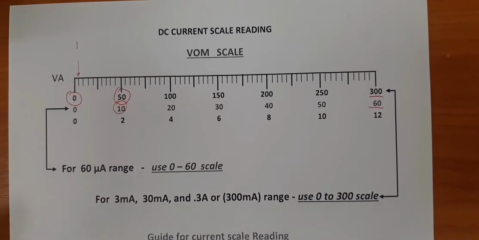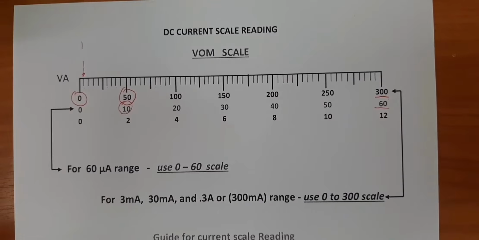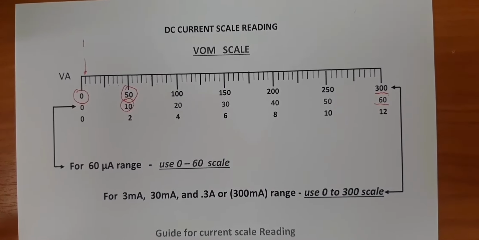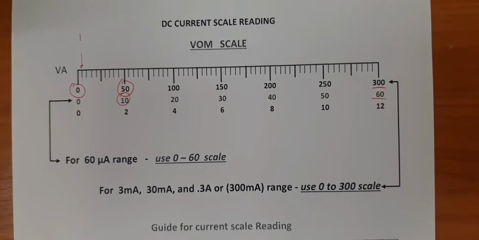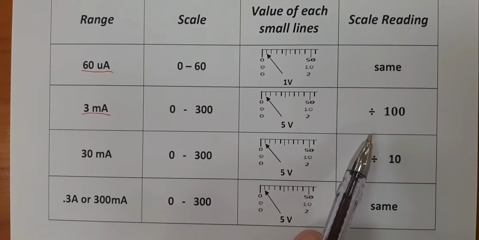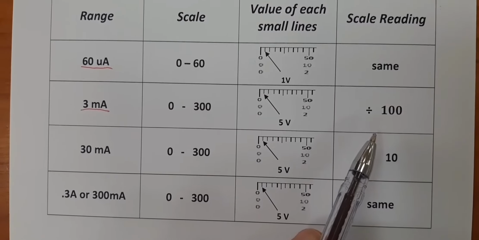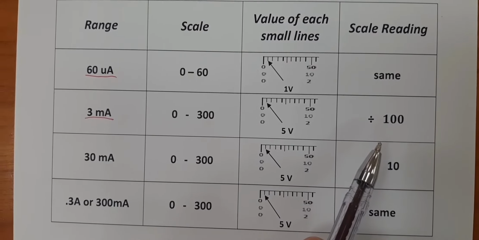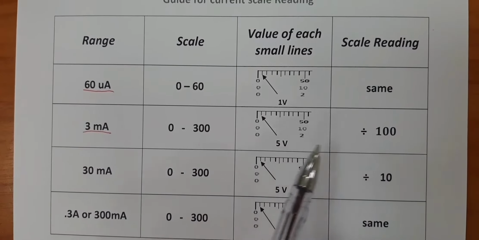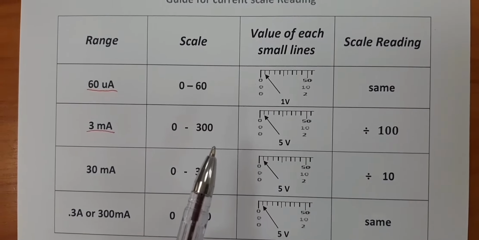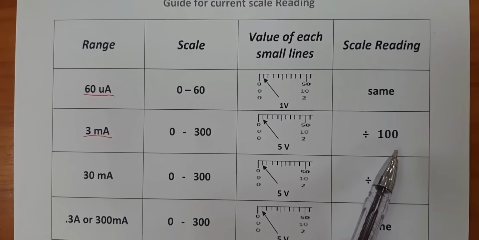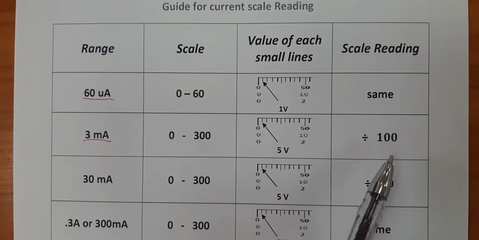Then the scale reading will be divided by 100, or you just need to move 2 decimal places to the left.